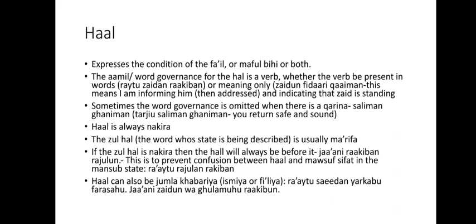It does describe it, obviously, as mawsuf sifat, an adjective, so it shows I saw a riding man. But what I'm trying to say is I saw a man whilst he was riding. It has a slightly different meaning, right? It shows the condition of the object whilst being observed, whilst an action was being done upon it.